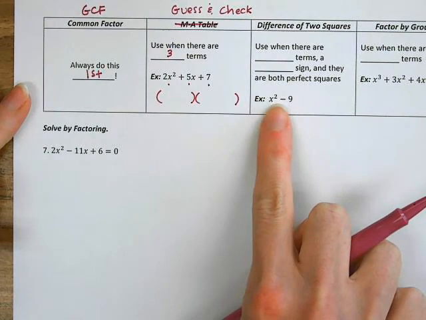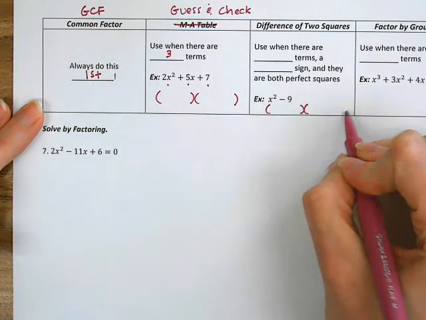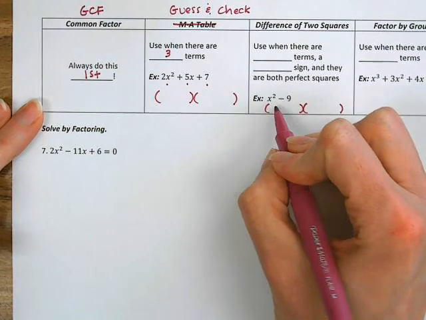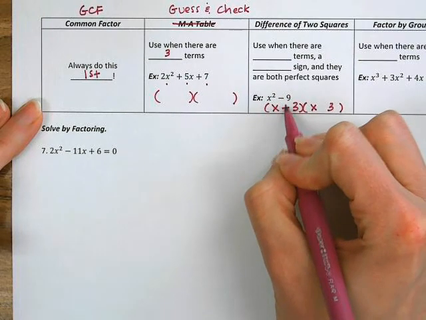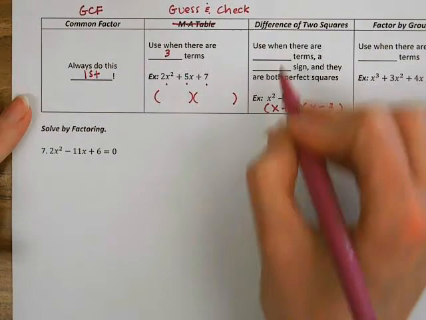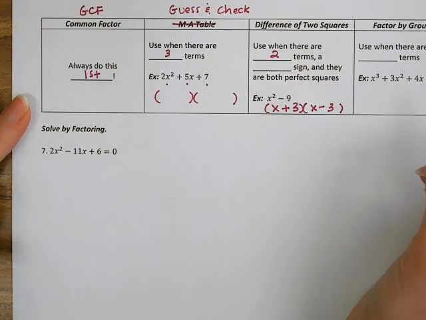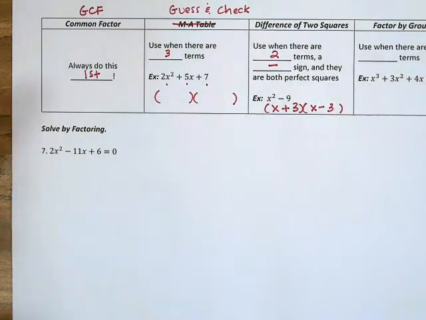So like something squared minus something squared, that's when it's like if x squared is x and x, 9 is 3 and 3, 1's plus and 1's minus. So you use this when there are 2 terms, a negative sign, and they're both perfect squares.